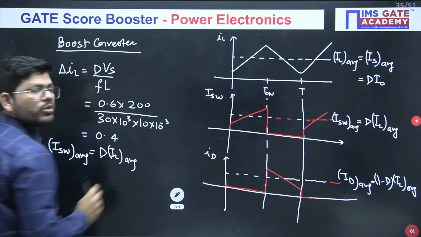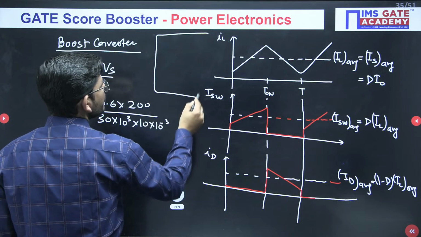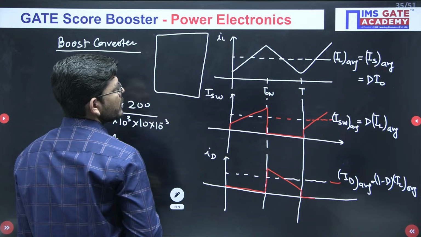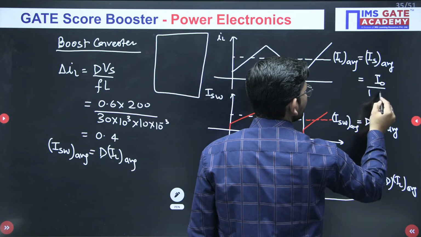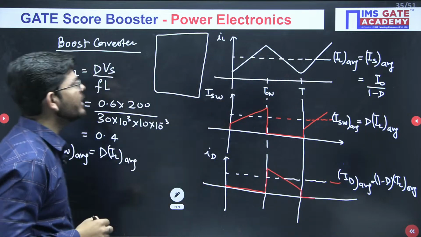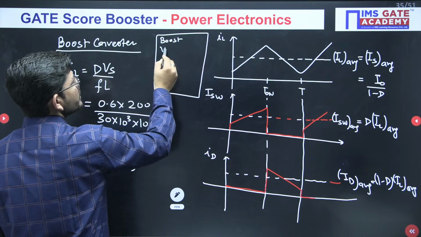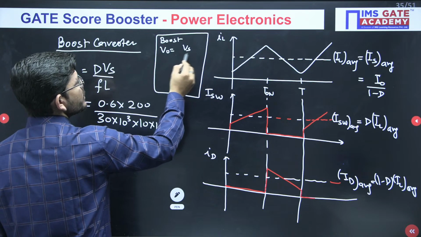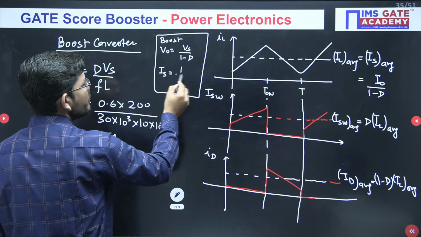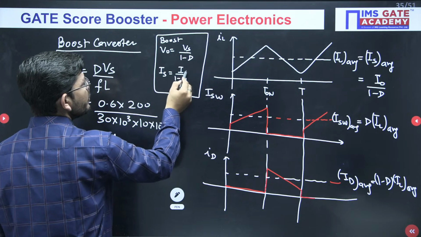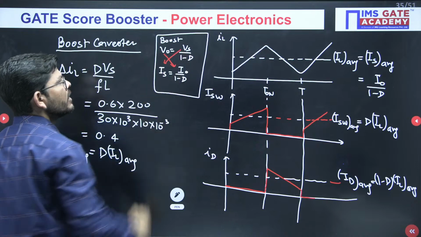How to write for the source current? So let me tell you a trick. It will be I naught upon 1 by D. Okay. This is a boost converter. In a boost converter, what is the output voltage? It will be equal to Vs upon 1 minus D. Now if you are writing for the source current, you will have the same 1 upon 1 minus D ratio, and you have to write I naught here and Is here.